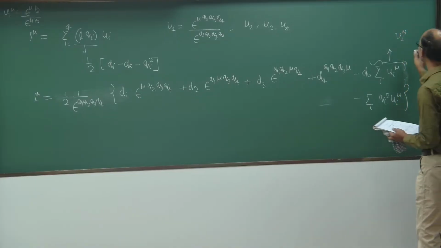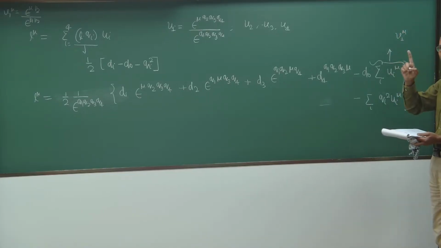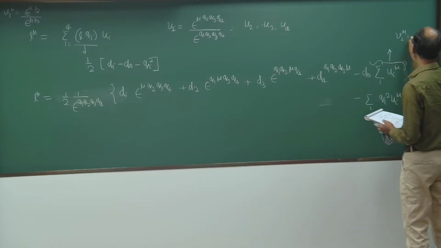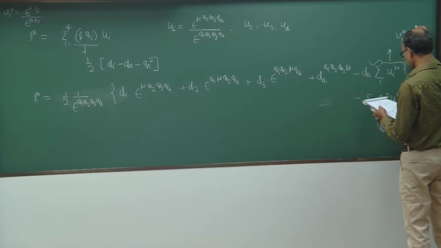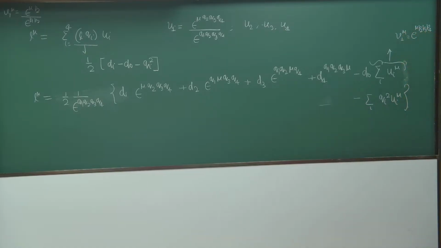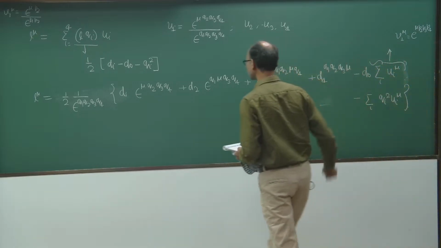And what is the v1 mu? v1 is the dual vector in the space spanned by p1, p2, p3 and p4. So, this is epsilon mu p2, p3, p4. Okay. So, this is an exercise for you. We can do it in the tutorial also. Okay. So, that is one.